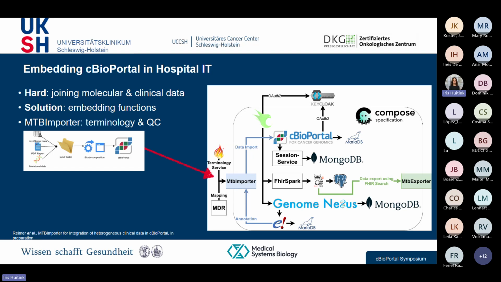We take all this complex data, and the MTB importer creates one cBioPortal study out of that, which we can then readily import into cBioPortal. Additionally, we have the OncoTree terminology service running to annotate the data, and some internal quality control, to have well annotated and well curated data that enters cBioPortal.